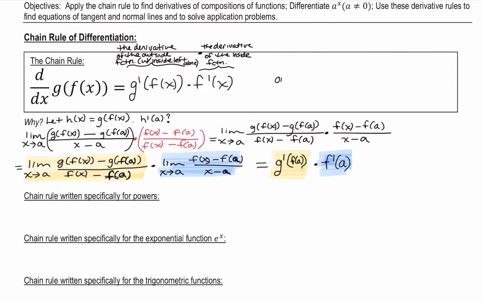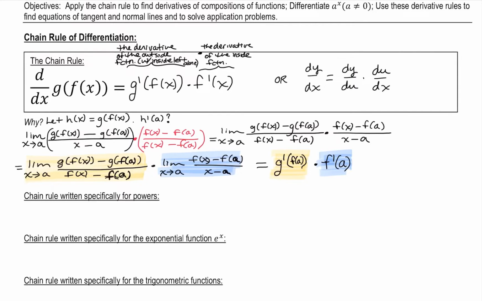You might also see it written with Leibniz notation. With Leibniz notation, it looks like dy dx is equal to dy du times du dx.